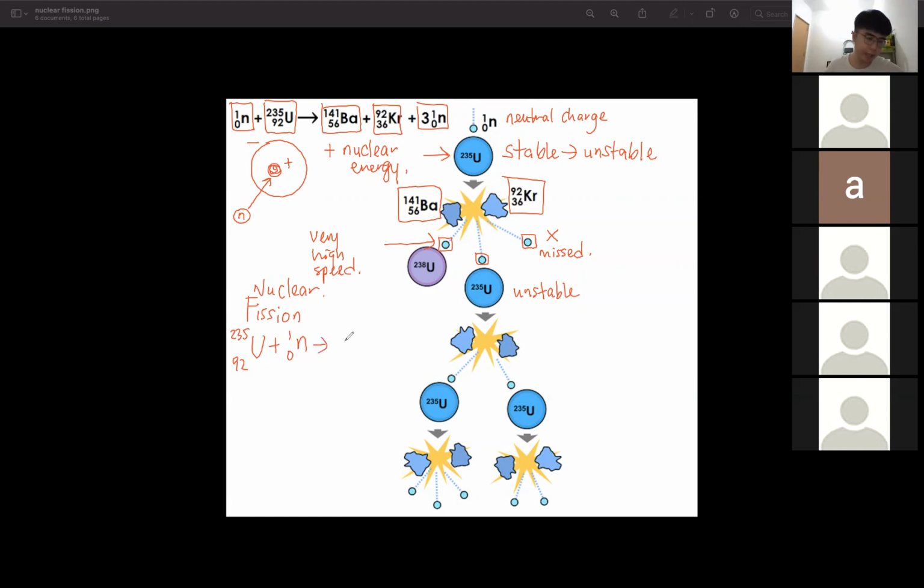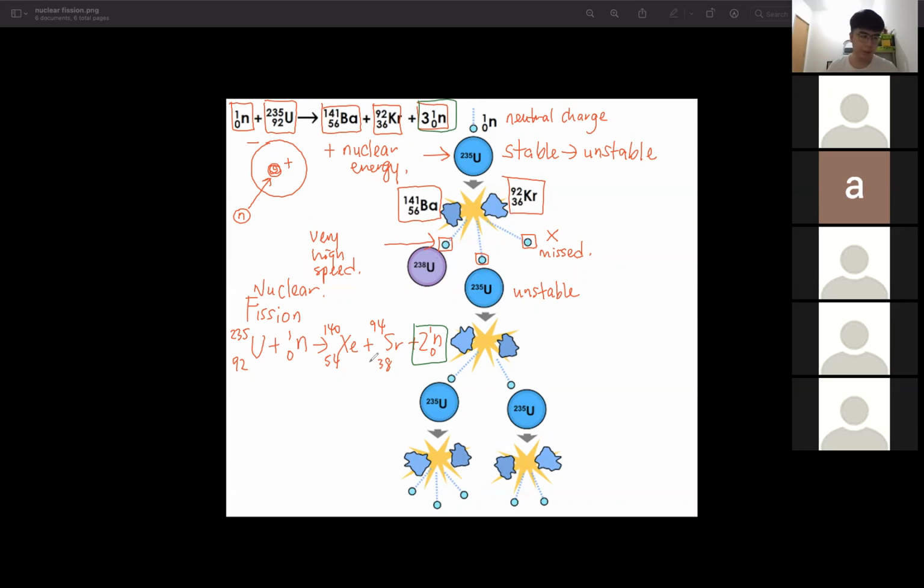Then you can also get, alternatively, xenon and Sr, plus this 94 over 38, and then plus 2 neutrons. What's the difference between these two? This one released 3 neutrons, this one released 2 neutrons. Sometimes it releases 3, sometimes 2, sometimes 1. And not all the time will they hit another atom. They might miss.